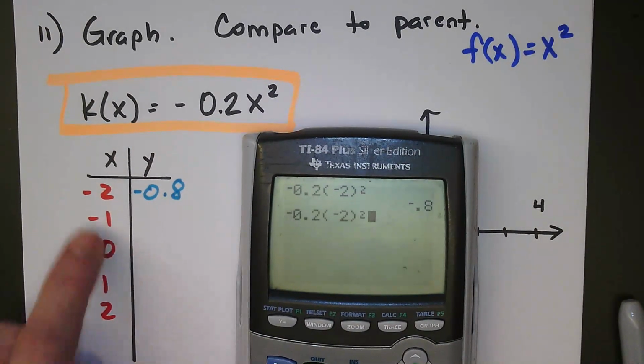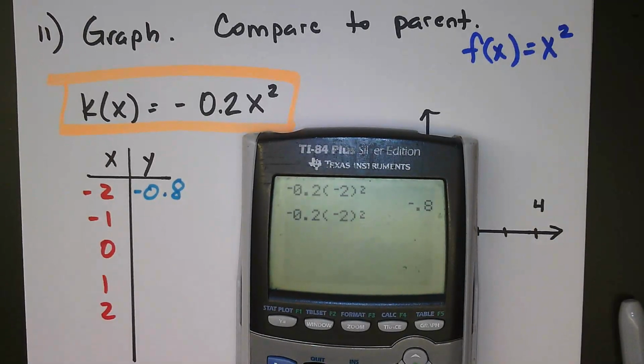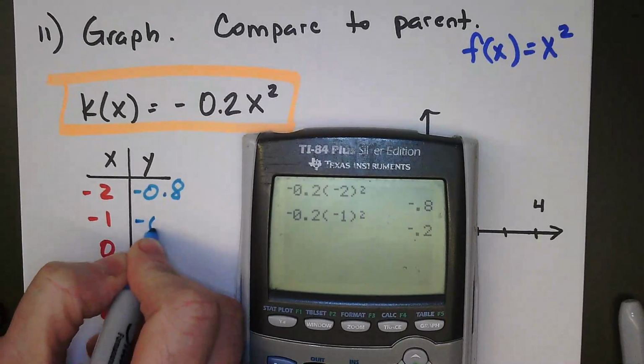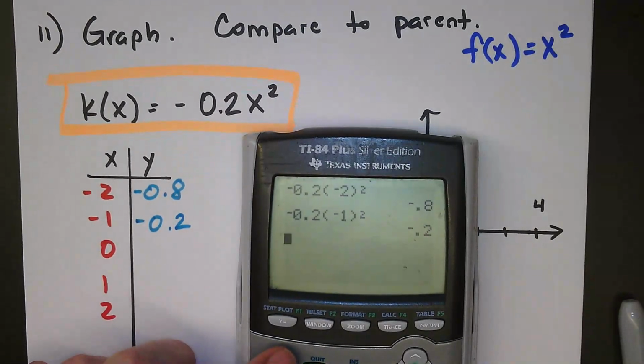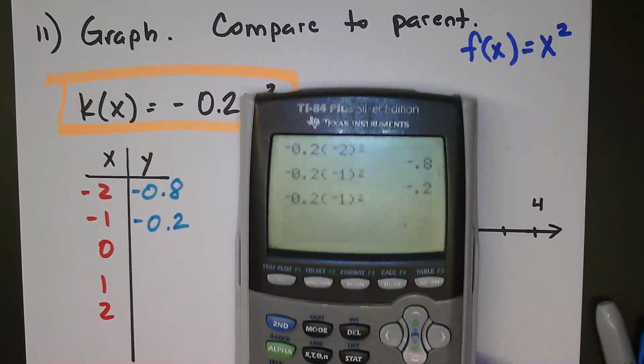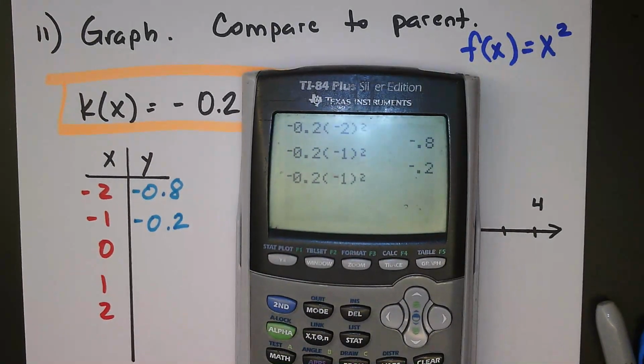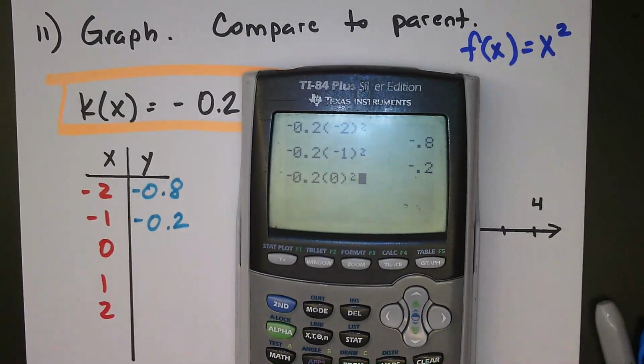All right, so let's go ahead and do -1. I'll just pull that back up, overtype, and make that -1 squared. That is -0.2. Bring it back up. Now this time I need to actually delete. So I use the delete key, the del key, which is the same on the blue calculators that you guys use. If you just do that, it will get rid of just the 1. Now I can overtype to make that a 0.